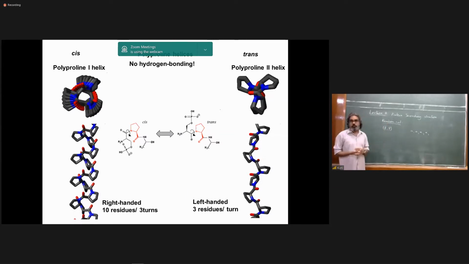Phi psi can really fall into regions other than these designated regions on the Ramachandran plot. Then you call that structure random coil, because then the phi and psi of consecutive amino acids do not fall on designated regions on the Ramachandran plot.